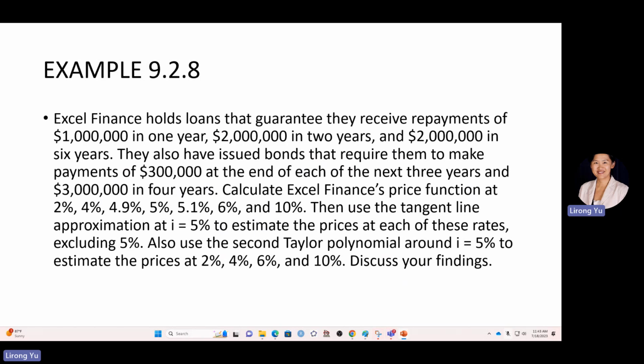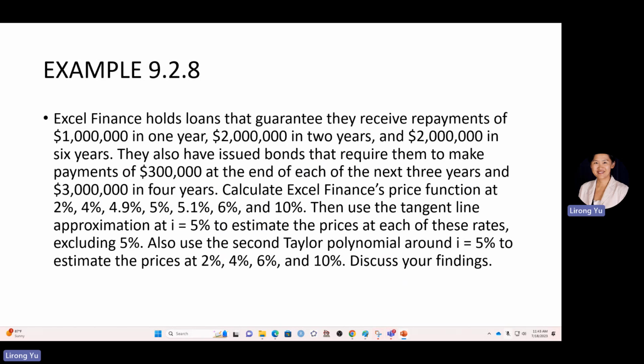Then use the tangent line approximation at i equal to 5% to estimate the price at each of these rates. Excluding 5%, also use the second Taylor polynomial around i equal to 5% to estimate the prices.